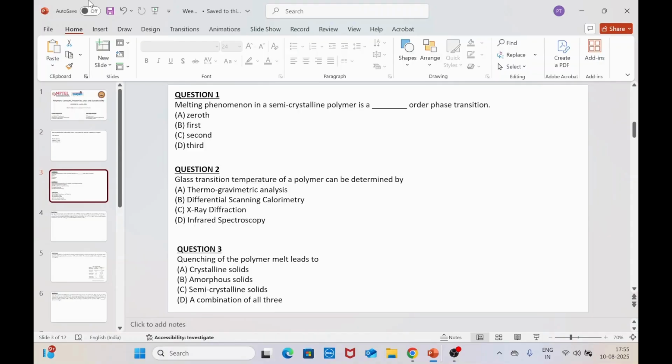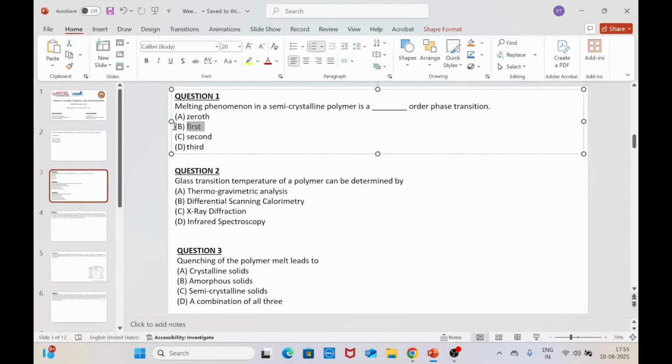So now we saw crystallization is what order of phase transition. Melting, yeah, first order phase transition.